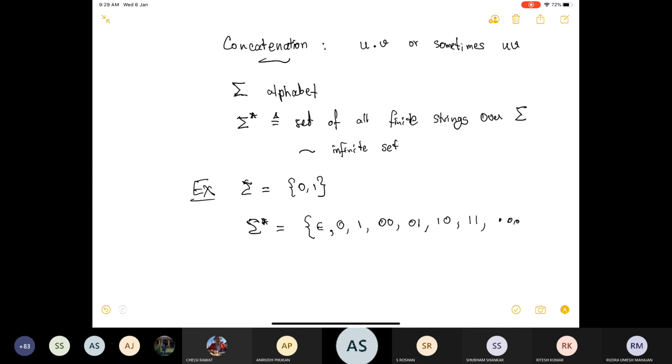So this is an infinite set. It is a countable set, as we just saw, a countably infinite set. So that's the definition of sigma star.